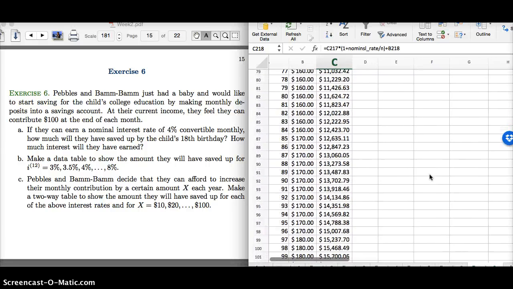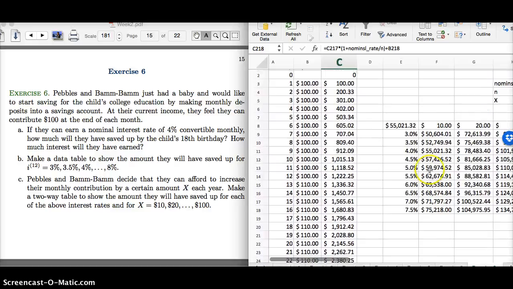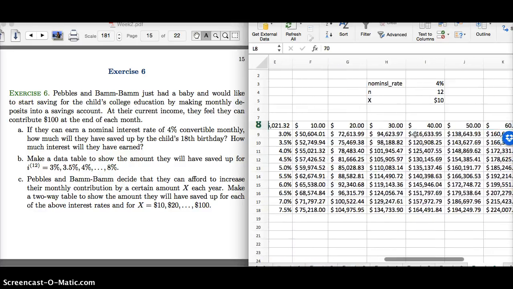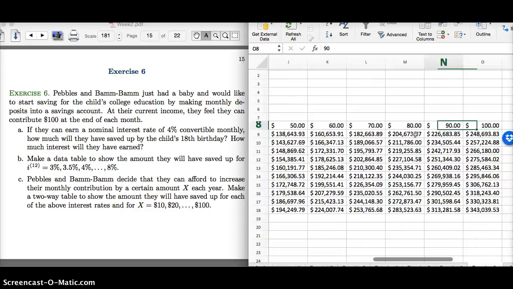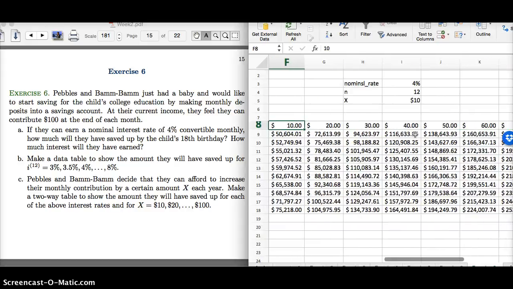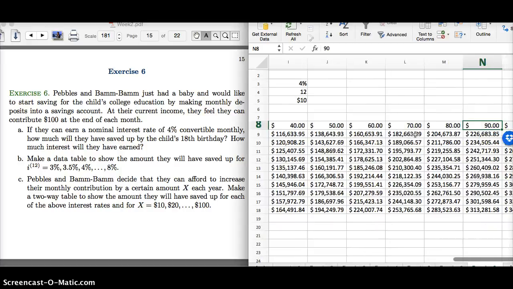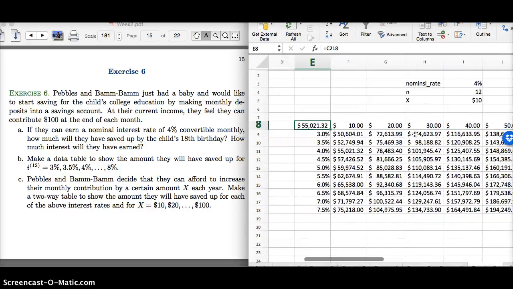Now we want to do a two-way table so we can see what happens if we change the interest rate to something else. Here are our different interest rates. And we also change the amounts by which we increase the monthly amount. We did $10 just now, but we want to see what happens if we increase it by $20 or $30 or $100. So those go in a column.